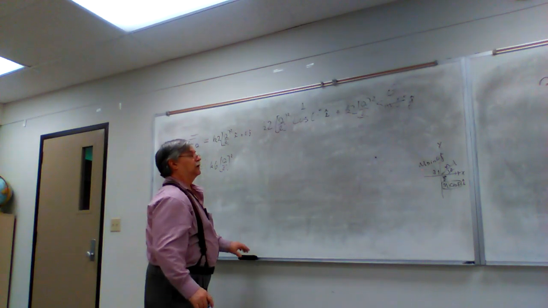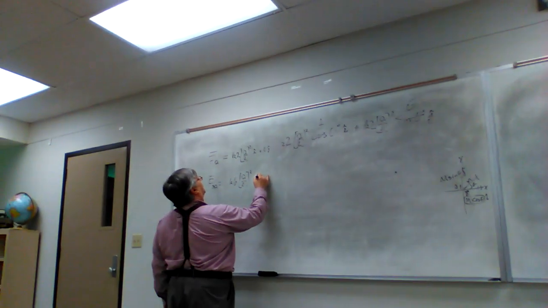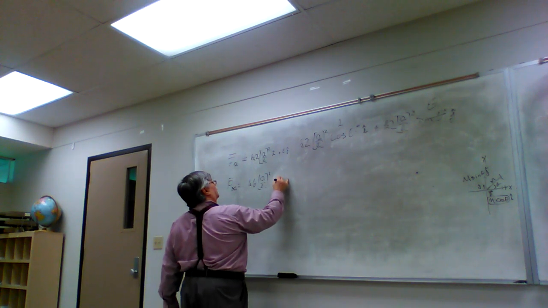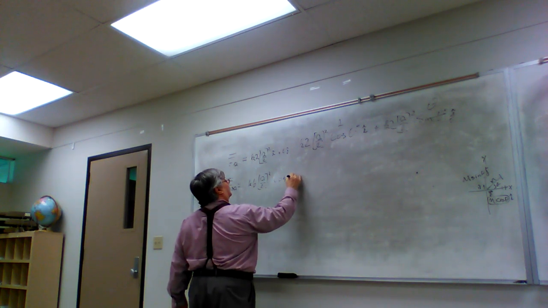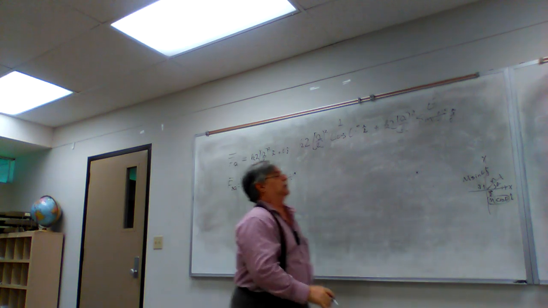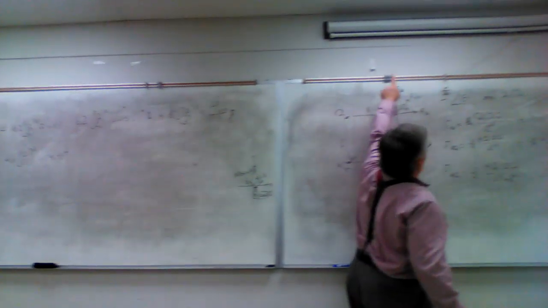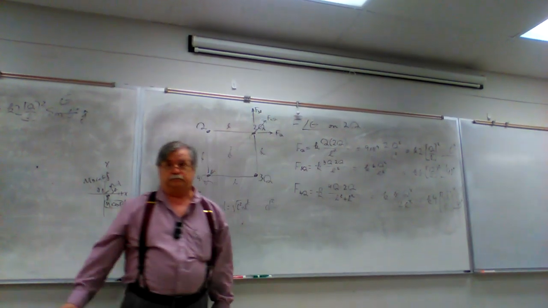We're first doing the horizontal, so it'll be times the cosine of 90 degrees, because it's straight up at 90 degrees.